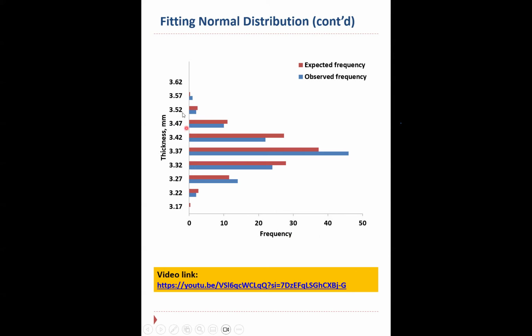However, in this case, this is to be considered as the independent variable. So expected frequency is shown with the red colored bars and the observed frequency with the blue bars. Now at some points they are quite close and at some points they are different.